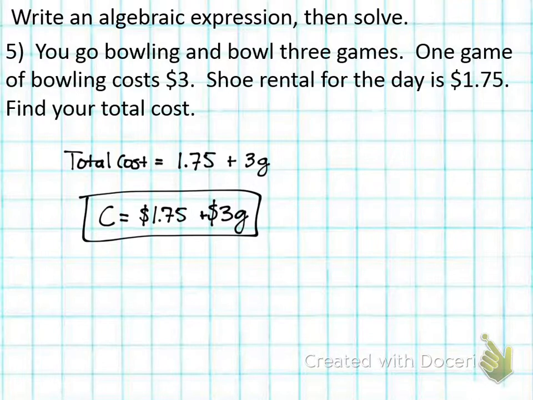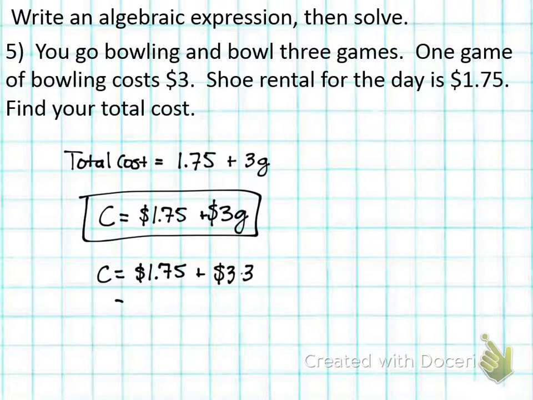Okay. How many games do I play in this now? 3. Now we have to plug in, or would I plug in 3? On which variable? The C or the G? What? 3 what? Games. So we want to put in the G for games. So we're going to figure out our total cost. Cost will equal $1.75 plus $3 times 3.